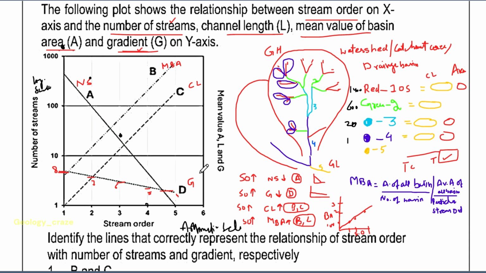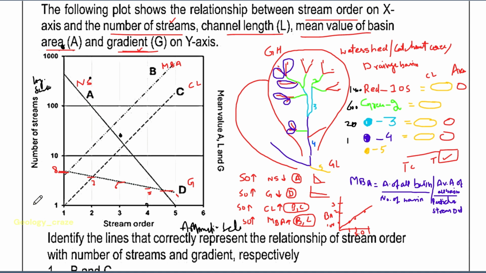Now we will go to our options and try to find the answer. Now we will get it easily. But apart from this river morphology, there are so many other things that we have to learn.